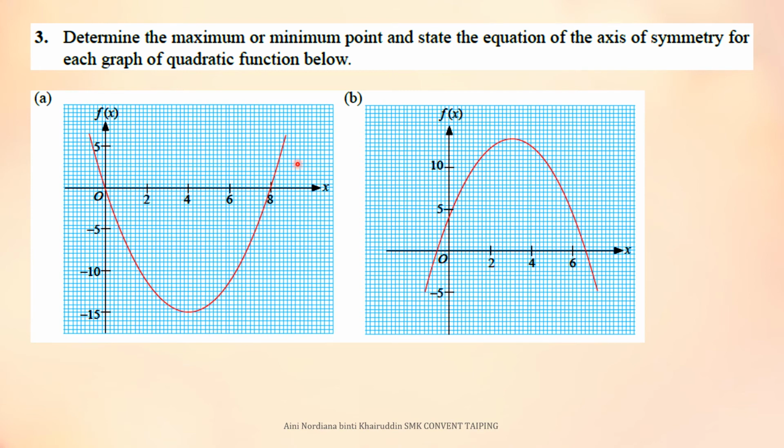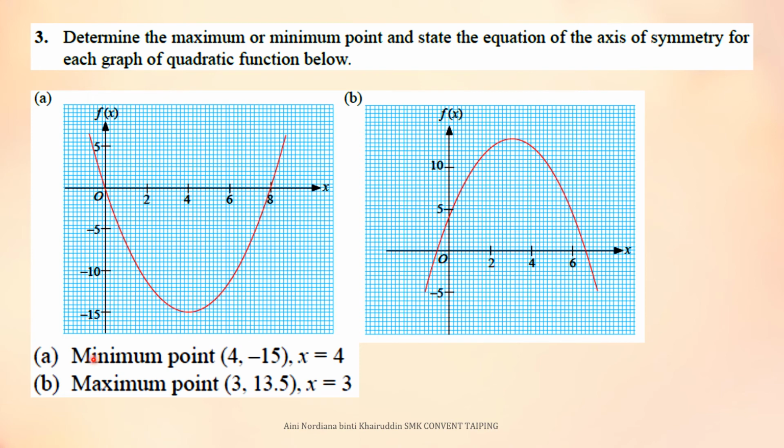For a smile shape graph, we have a minimum point here, and the axis of symmetry will cut or divide this graph into two equal parts. So the minimum point for A is here, 4, negative 15, and the equation of the axis of symmetry is x equals 4.